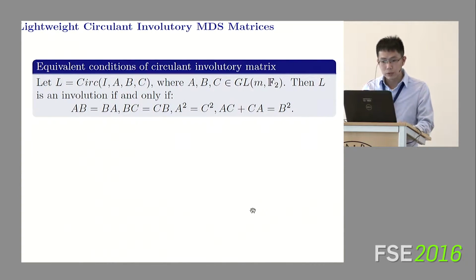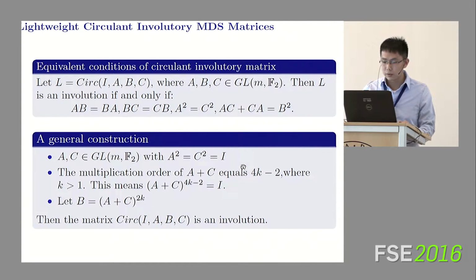Next, we introduce the construction of circulant involutory MDS matrices. First, by matrix multiplication, we can get equivalent conditions. From these conditions, we can see that non-commutativity is essential, because we can't cancel the A, C, and CA.